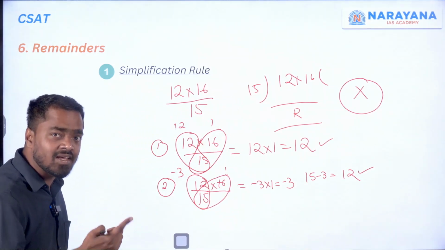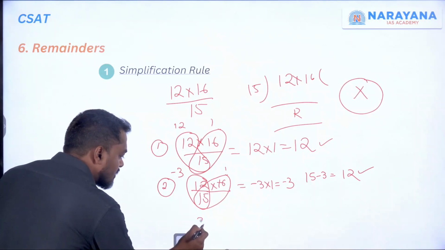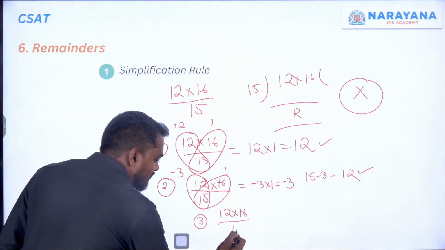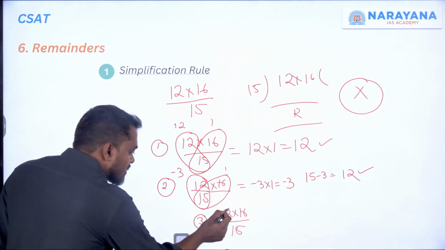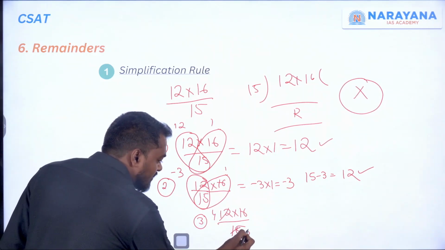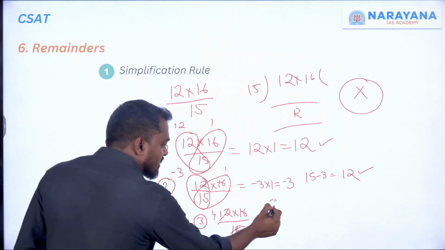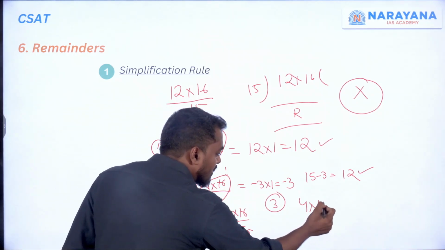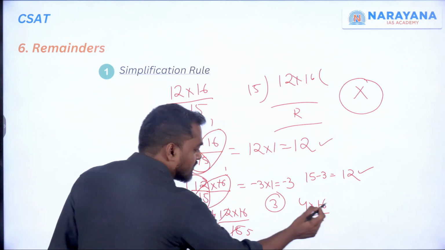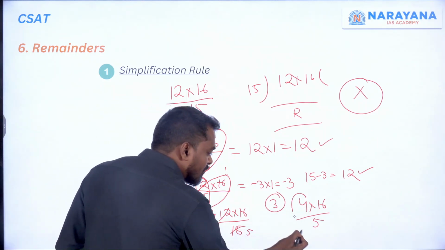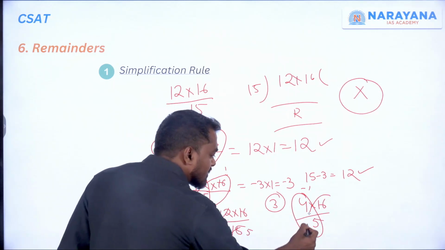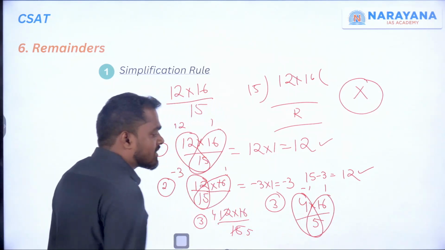To make this calculation more simpler, you have to apply this one. 12 into 16 by 15. 3 fours are 12, 3 fives are 15. So take this 3 out, write it separately. Now what is the expression? 4 into 16 by 5. If you divide 4 with 5, you are getting negative remainder minus 1. 5 threes are 15, you are getting 1 as the remainder.